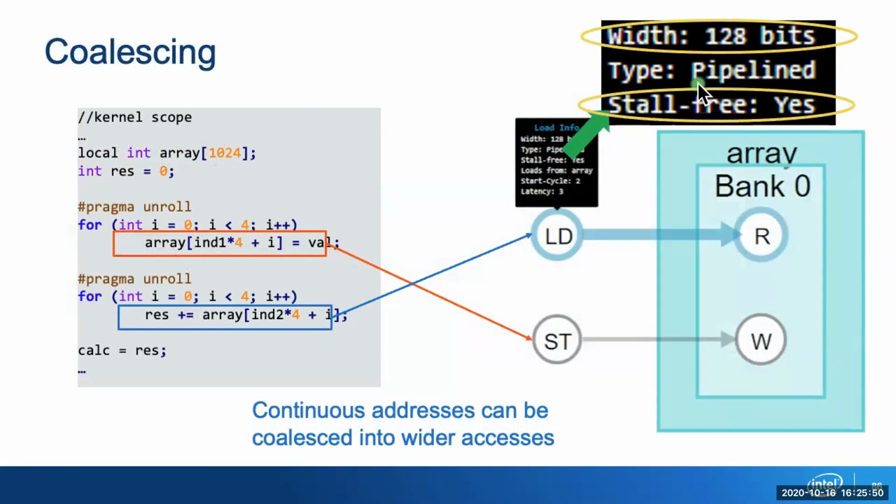We also can improve the quality of access to access wider words instead of accessing 4 bytes, 32 bits. We can access 128 bits each cycle.